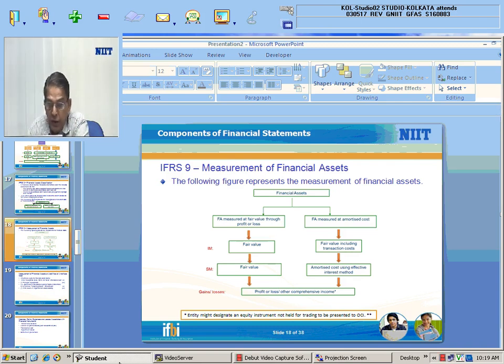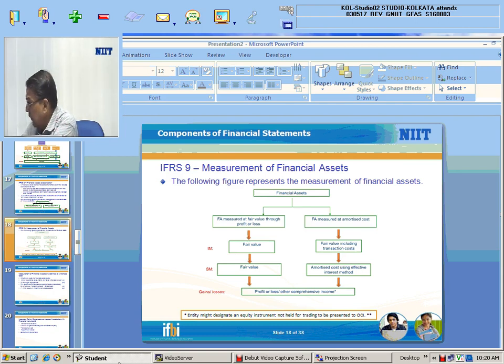If ordinary shares or equity held in another entity for a long term or indefinite period, can be irrevocably designated upon initial recognition as FVTOCI. So there is a third category. Under IFRS 9, we have FVTPL, financial assets measured at fair value through profit and loss, or financial assets measured at amortized cost.